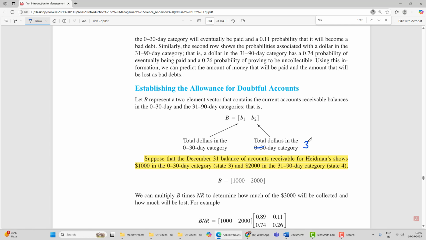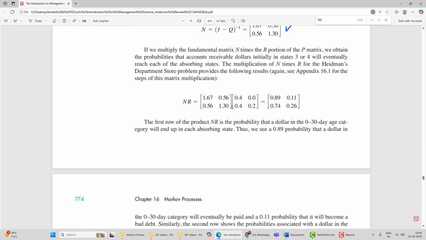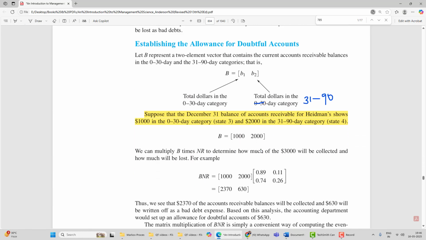So these two values are given here, 1000 and 2000. We will multiply this B with NR, this answer, and when you multiply you will get 2370 and 630.